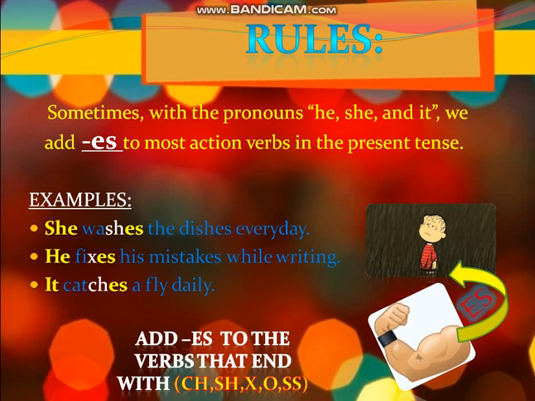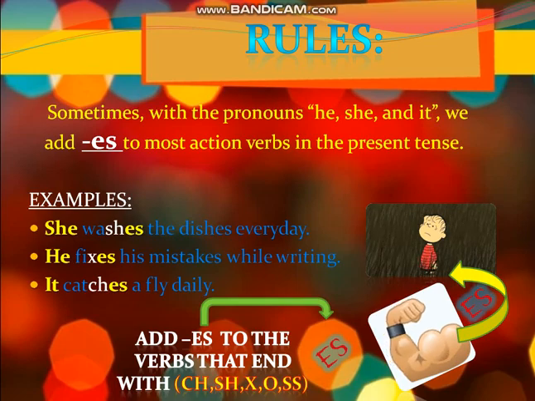Wow, just like the examples that you have here. Washes, it ends with sh, fix with x, and catch with ch. See? But under one condition, when the subject pronoun is lonely and needs help, I add es to these verbs ending with these letters, okay? Otherwise, I don't. Let's check. So what do I add? Es. That's right.